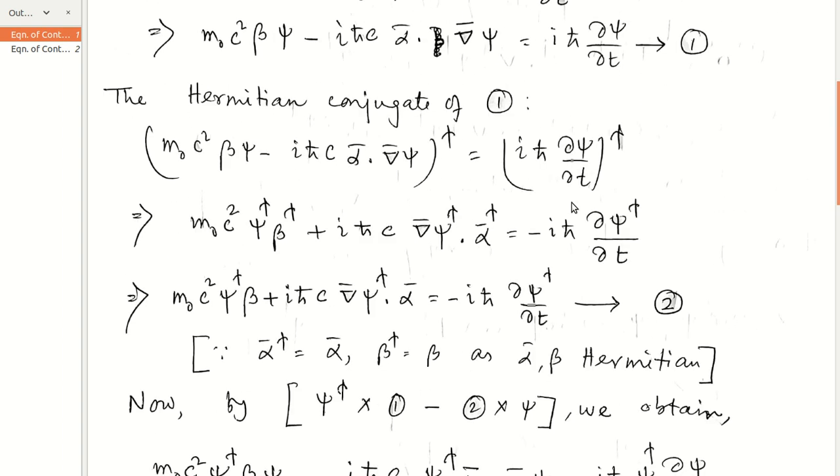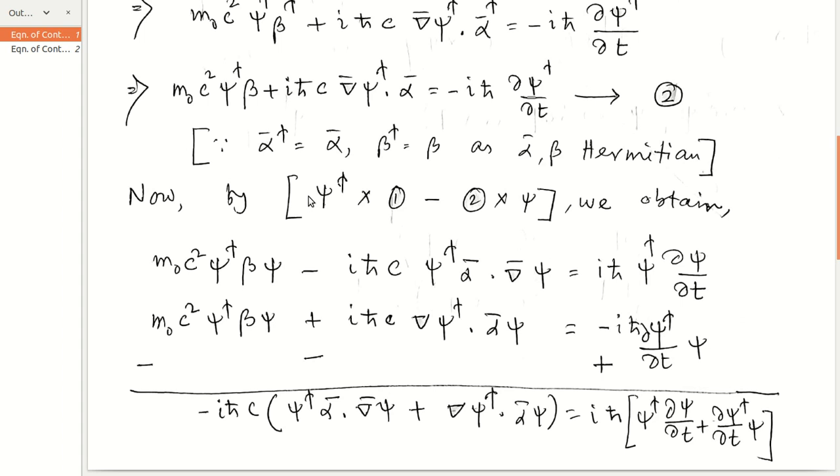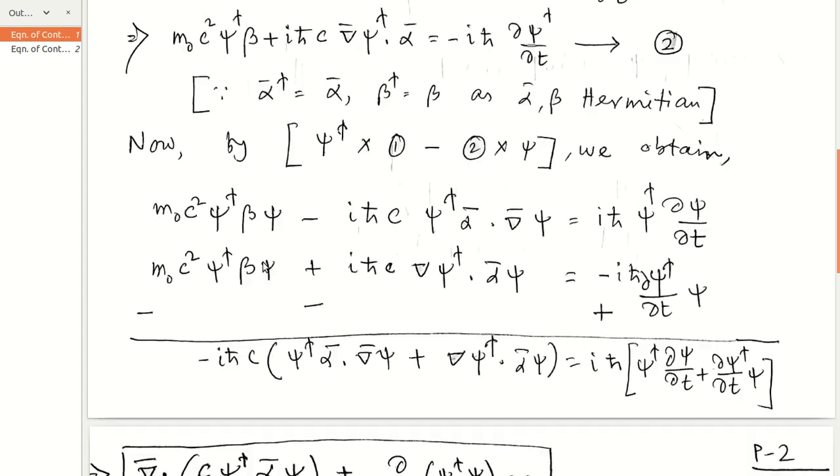Now again the common practice: we do left multiplication by psi dagger on equation 1 and right multiplication by psi on equation 2 to maintain the order psi dagger psi. So by psi dagger into 1 minus 2 into psi, you see the first terms cancel out, and by combining these two you see this expression.